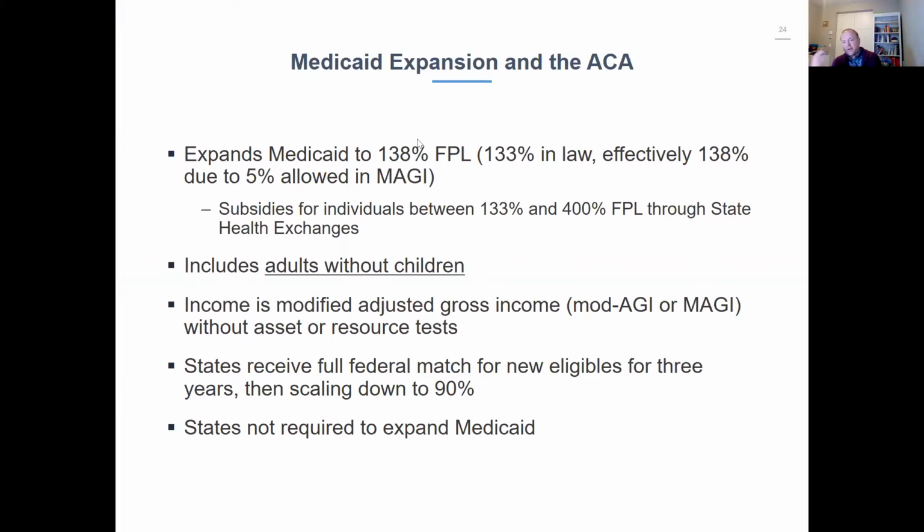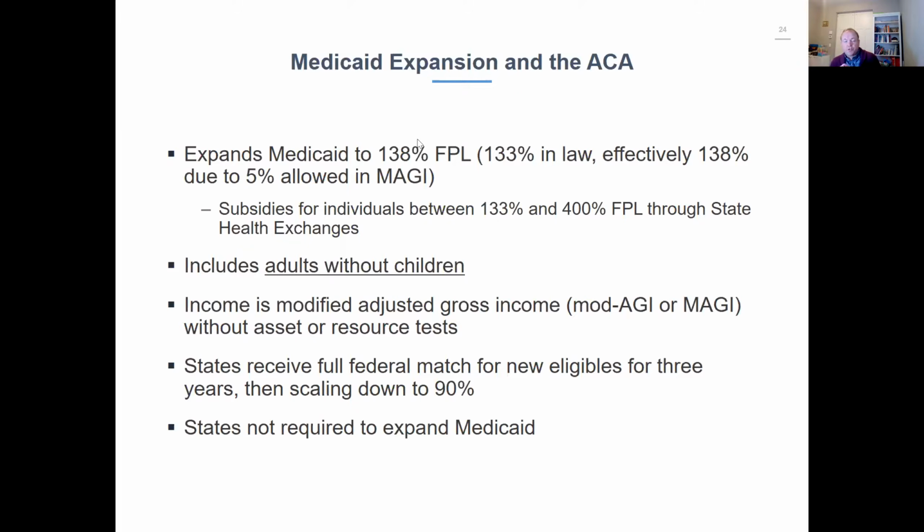So it's effectively 138%, but that's where those two numbers come from. There are some subsidies for individuals between 133 and 400 percent of the federal poverty level through state health exchanges. The Medicaid expansion, importantly, expanded outward to adults without dependent children.